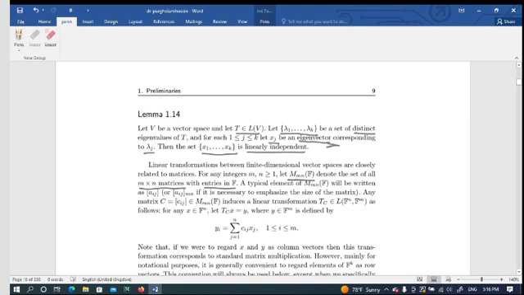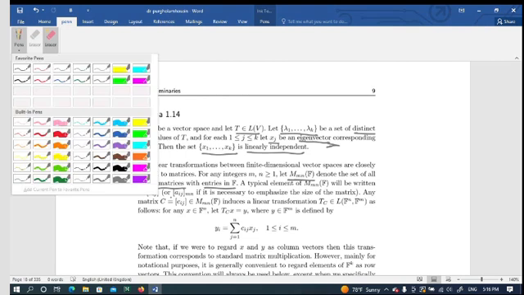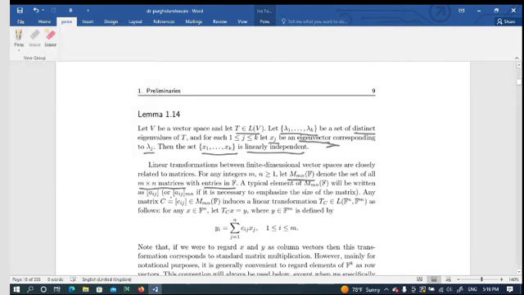We can also write the elements of M_mn(F) as A_ij.